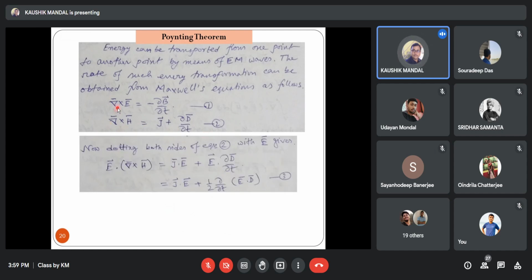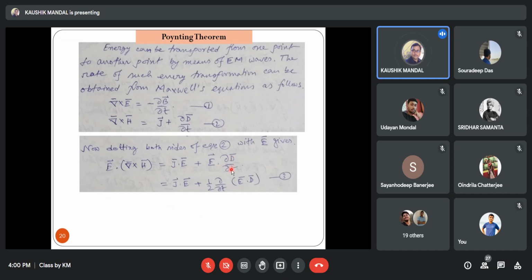Now, if we dot both sides of equation 2 with E, we get E dot curl H equals J dot E plus E dot del D del t.